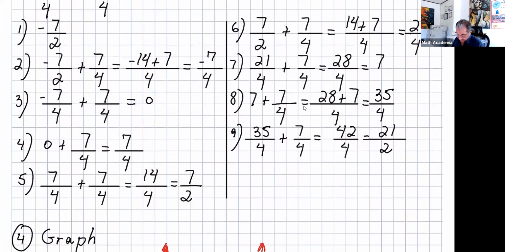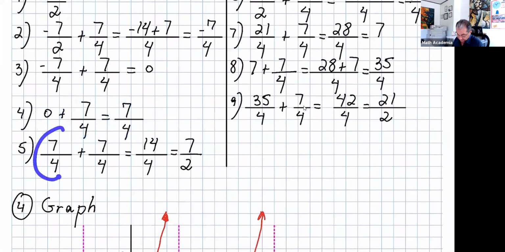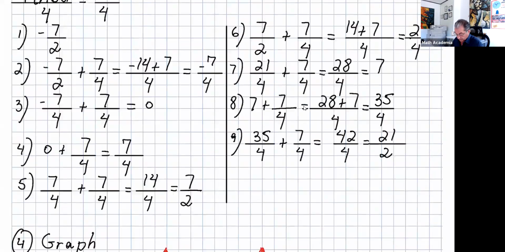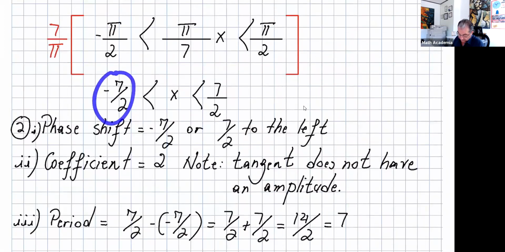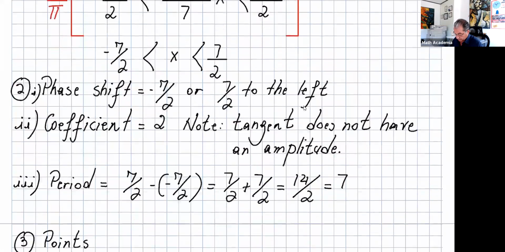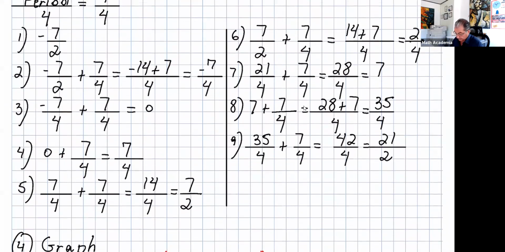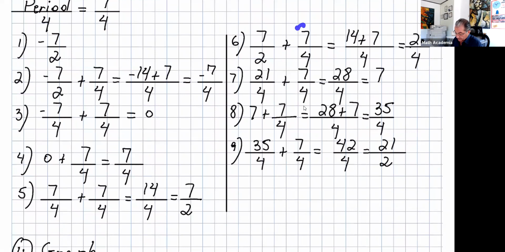And you keep adding. 0 plus 7 over 4 is 7 over 4. And finally, 7 over 4 plus 7 over 4 is 14 over 4, which is 7 over 2. These are the points for the first period. So let's check if you're right. Yes, it's going to go from -7 over 2 to 7 over 2. So that worked.